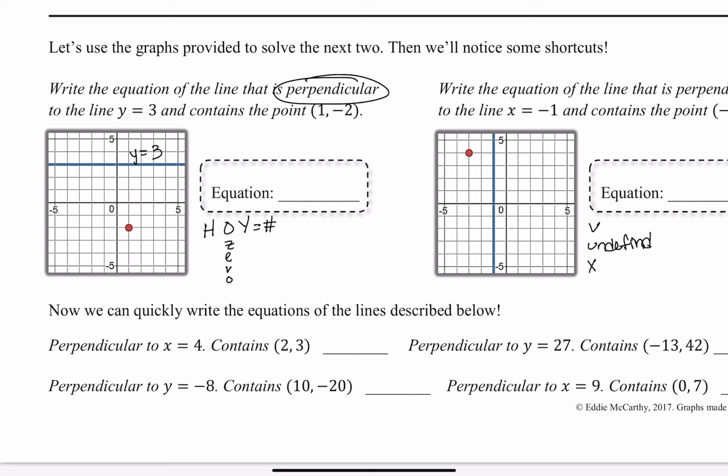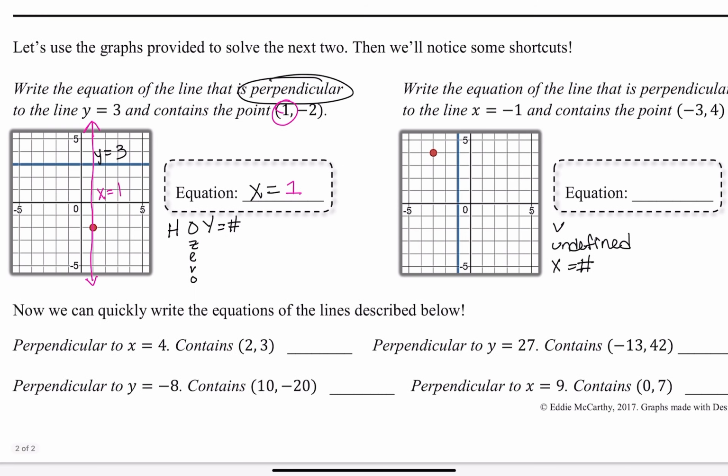Well, can't spell, my apologies. So the opposite of horizontal is vertical, so our slope is now undefined, and our equation is x equals, and then we're going to use the x, which is 1, which makes sense because if you draw your graph, you're going to come here, and that is x equals 1.